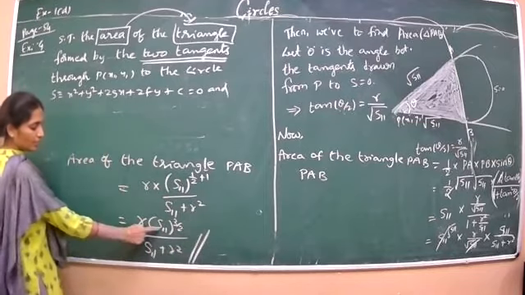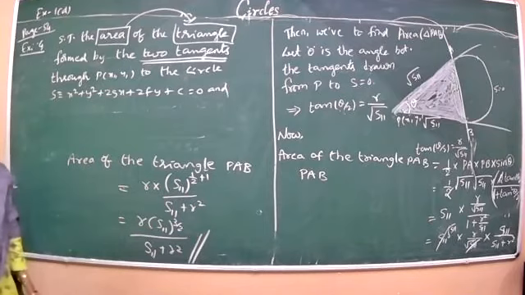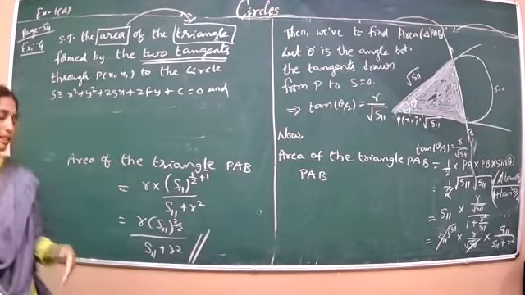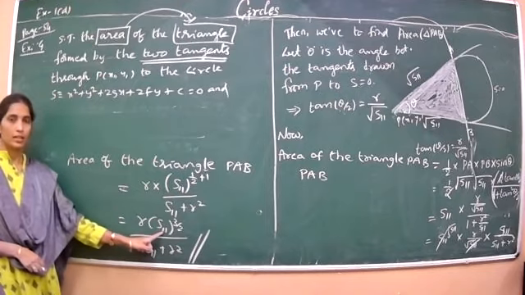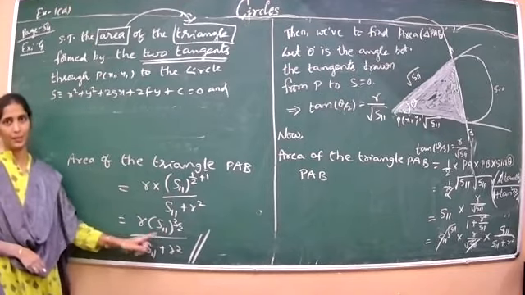So if you know the equation of the circle and the radius, and a point from which you can find S11, you can find the area of the triangle.